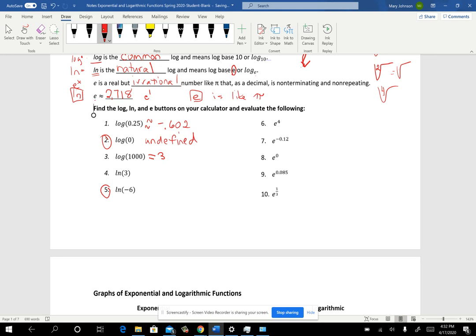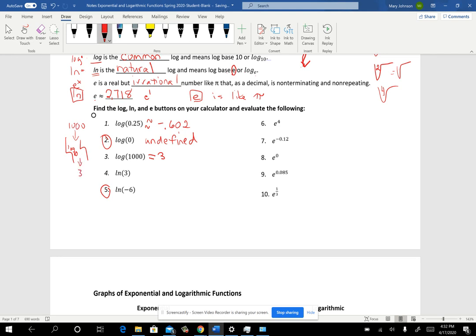So this log is like the name of a function. When you're looking at it, it's like a name of a function, log. And whatever index it is belongs as part of that name. And then you've got your input, and your input of 1,000, when you perform that process, spits out 3.